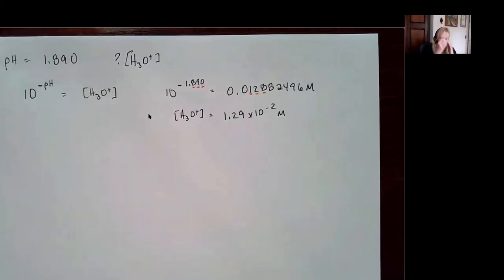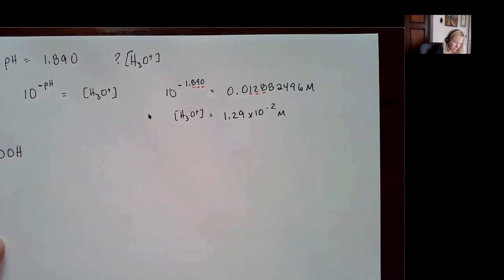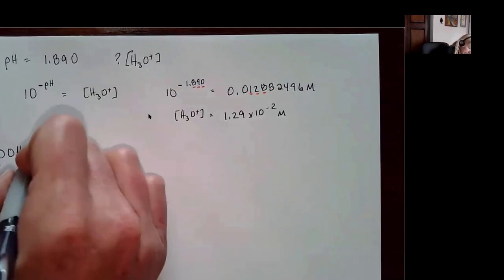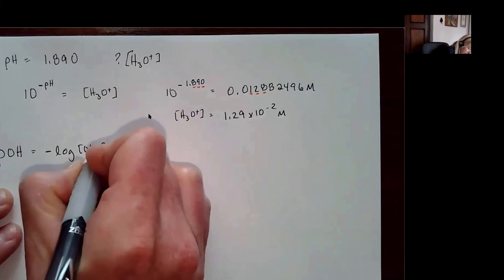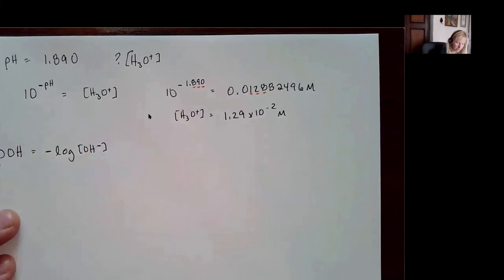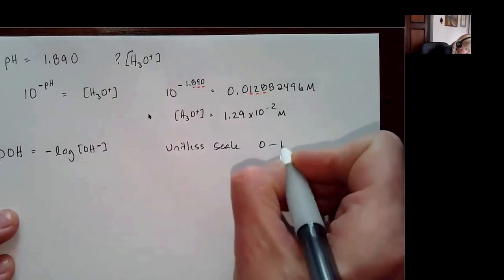And I can do the same thing with pOH. We don't necessarily think about pOH because we don't have a scale that allows us to measure pOH, but it's the same. It's the negative log of, instead of hydronium ion concentration this time, hydroxide ion concentration. And this is also a unitless scale that goes from 0 to 14.